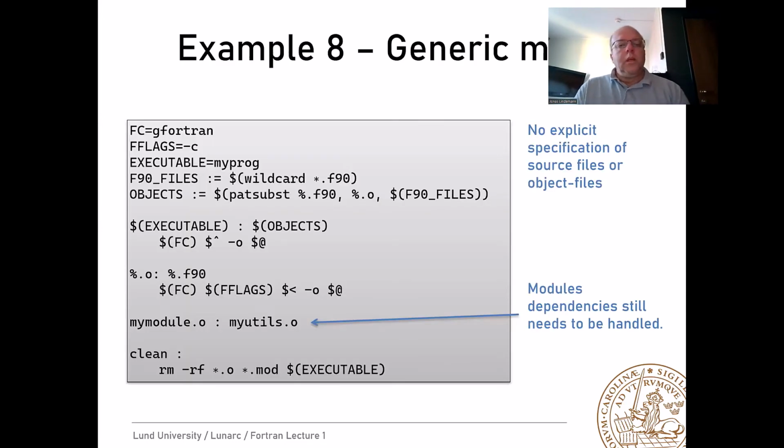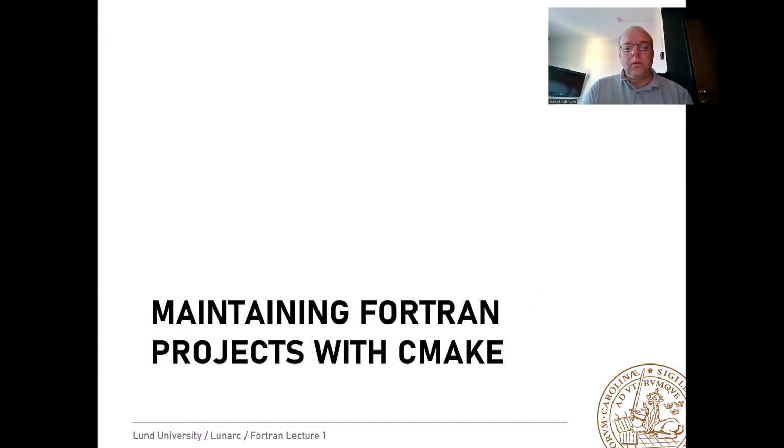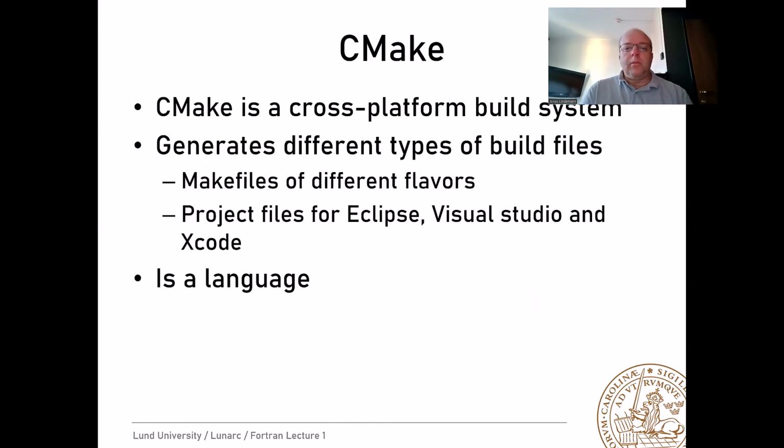So if you don't want to mess with complicated makefiles, we can use another tool instead. So we will look at how to use something called CMake instead. CMake is a cross-platform build system, and the difference between CMake and Make is that CMake will generate build files for different platforms of different flavors. So it can generate makefiles.